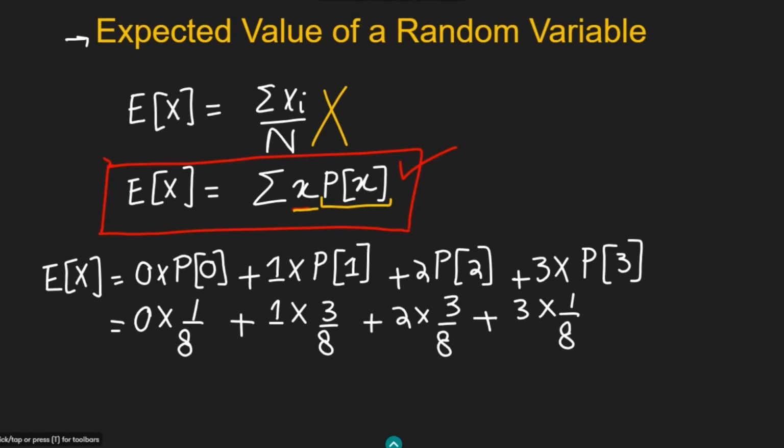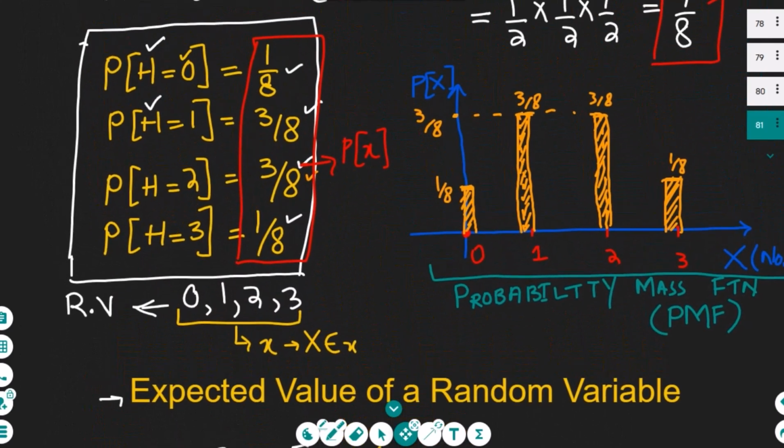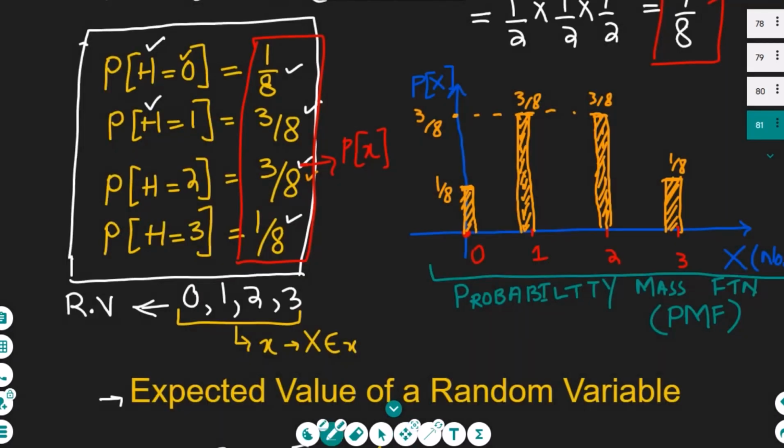We can confirm it from our previous question as well, that the probability that heads is equal to 0 is 1 by 8. Similarly the other probabilities are also given in this table.